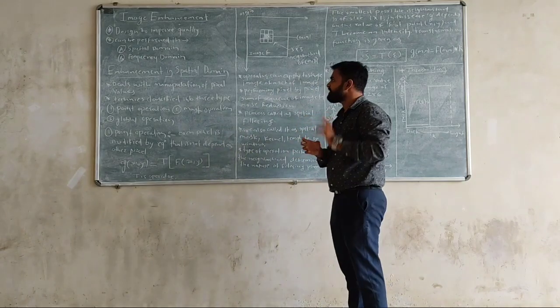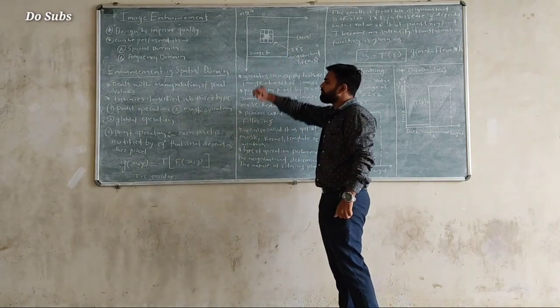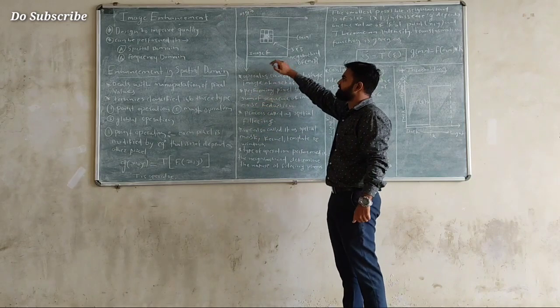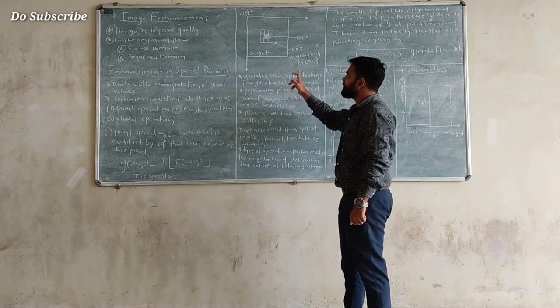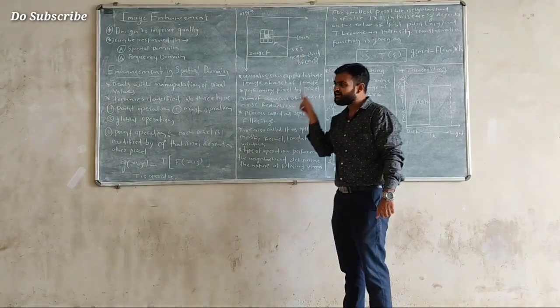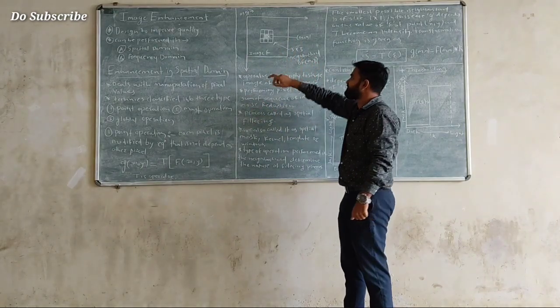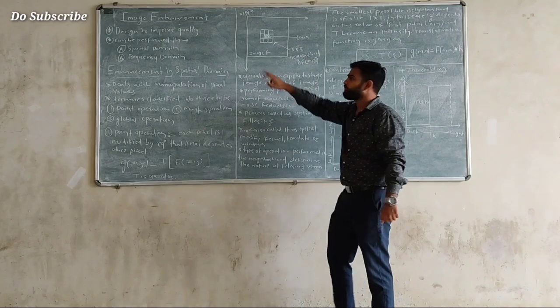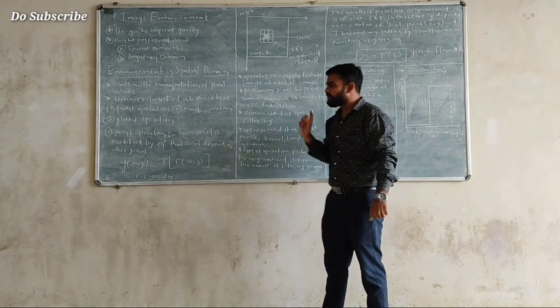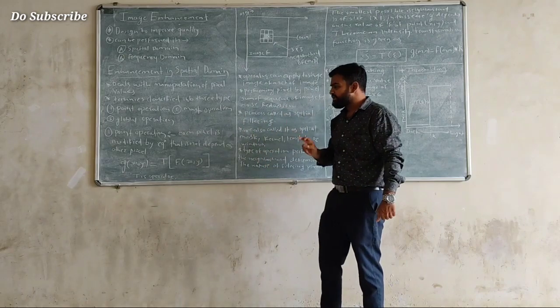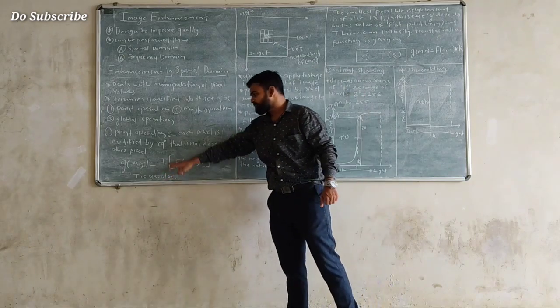Consider a given image, f of x. The given image is given as f. Inside this image, we have a targeted pixel value or intensity of a pixel given by x comma y. So this is the targeted pixel. If we are thinking about a point operation, we need T here. What is the meaning of T?